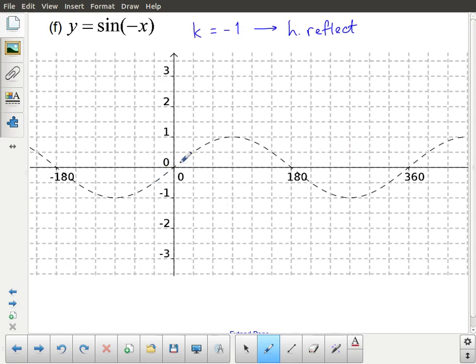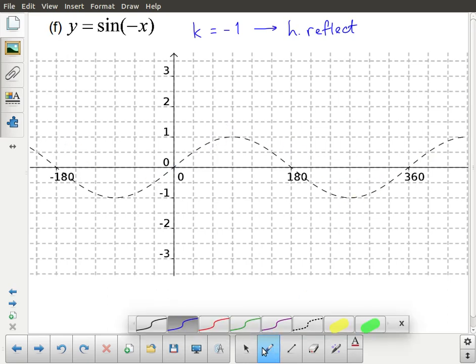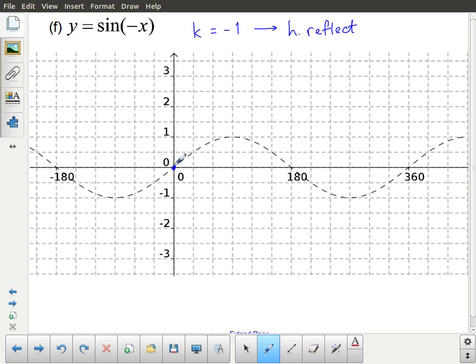Now actually the parent function that I provided here, I could have done a better job of it in light of this particular one, but we'll make do with what we have. So let's start off with the point 0, 0. The x-coordinate becomes negative. Well, the x-coordinate is 0, so it's still at 0. The y-coordinate's unchanged.